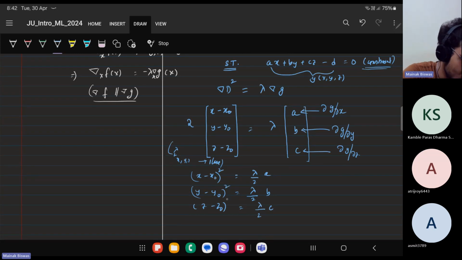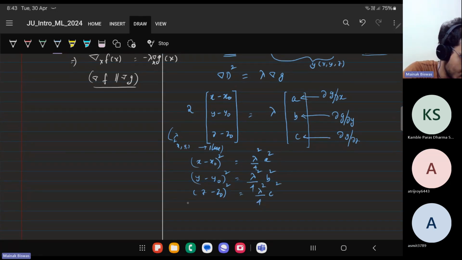See, if I square this on both sides and add them, what do I get? I get d square, yes or no?